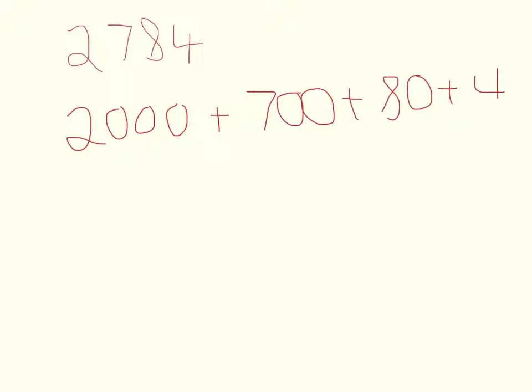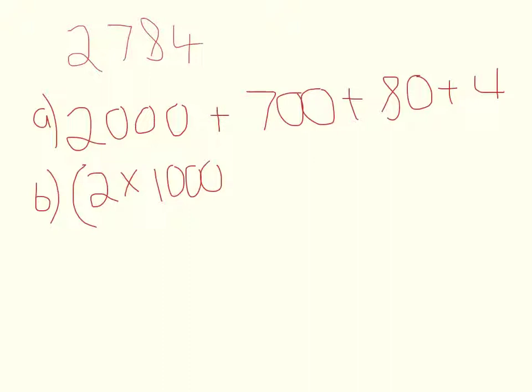Question B reads, write 2,784 in expanded notation as the sum of multiplication expressions. So, if I wanted to get the number 2,000, here's a multiplication expression: 2 times 1,000.